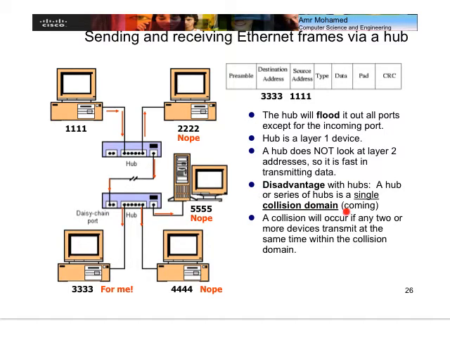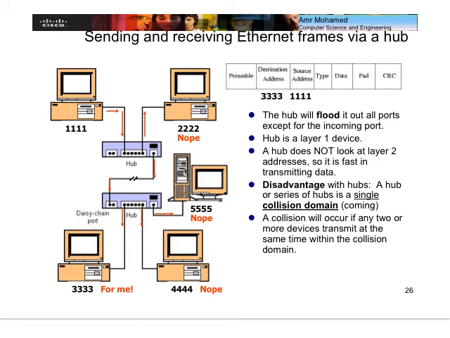So the disadvantage is represented using the concept of collision domain. The hub creates the concept of collision domain, which means that if any two nodes connected to any of these hubs that are serially connected send at the same time, the collision will happen.